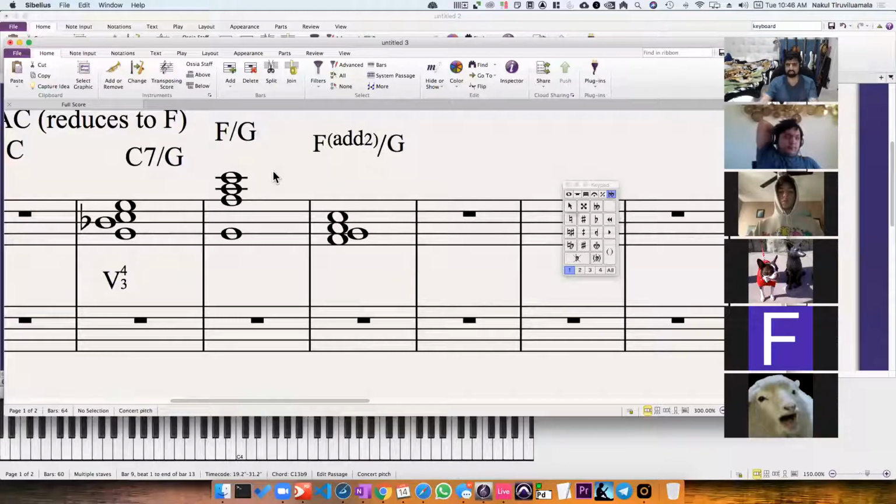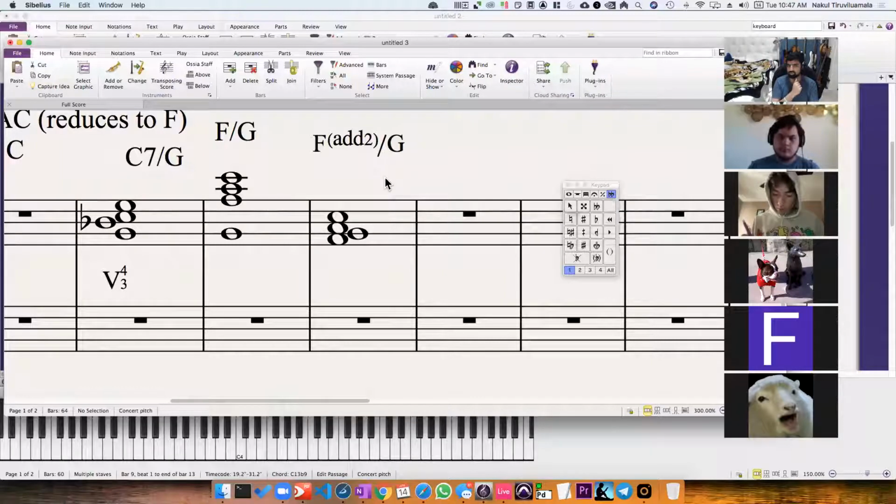And I know I call this a sus chord, and it is a sus chord. I'm trying to reconcile the notation here. I remember earlier Connor said, is the sus chord characterized by the third note always being substituted by another interval?